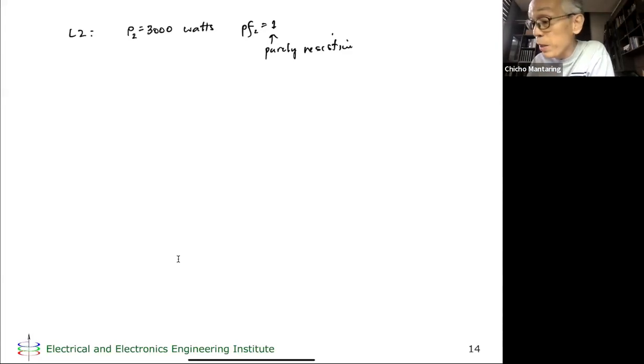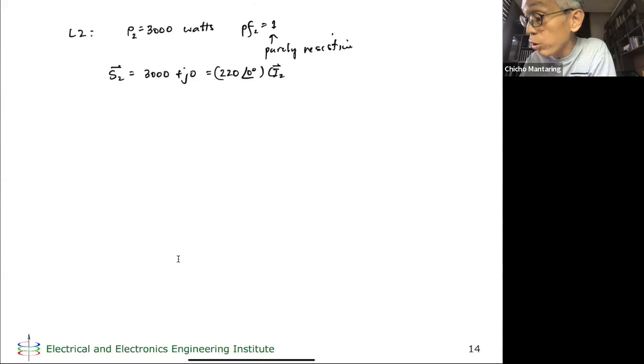Let's say I use the complex power formula. S2 is just equal to 3,000 plus j0, which is equal to 220 at an angle 0 multiplied by I2 conjugate.